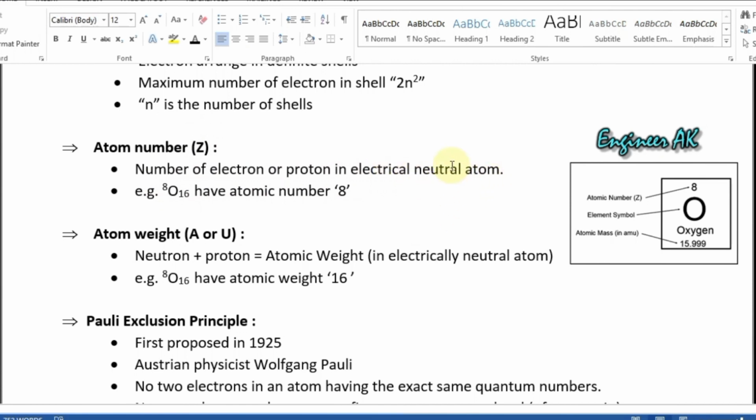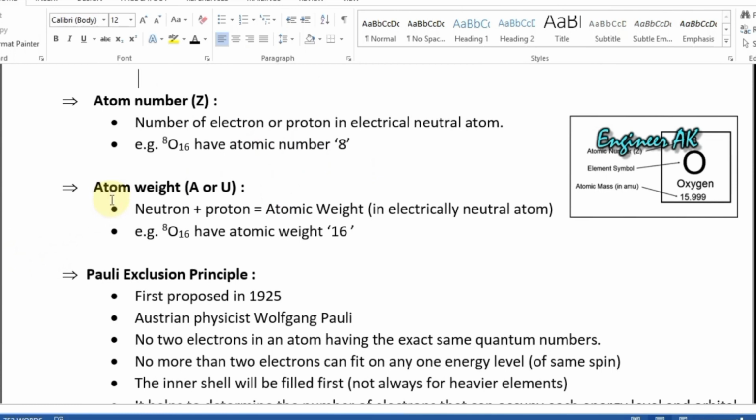For example, oxygen has atomic number 8, meaning it possesses 8 electrons and 8 protons.